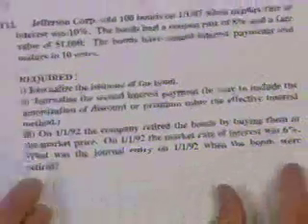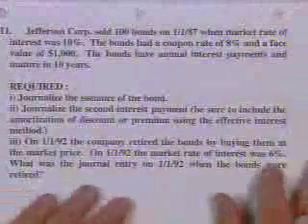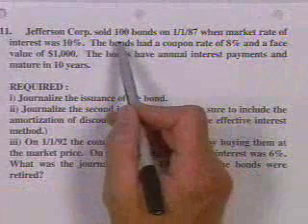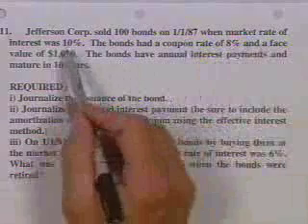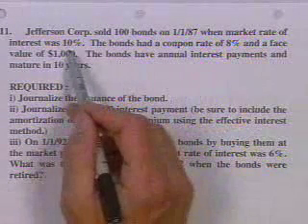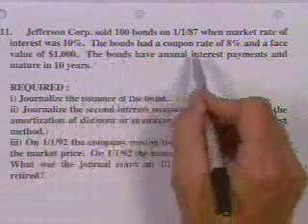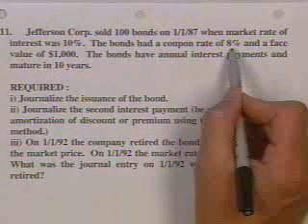Question 11. Jefferson Corp. sells 100 bonds on 1/1/87 when the market rate of interest was 10%. The bonds had a coupon rate of 8%. So now what happened here?